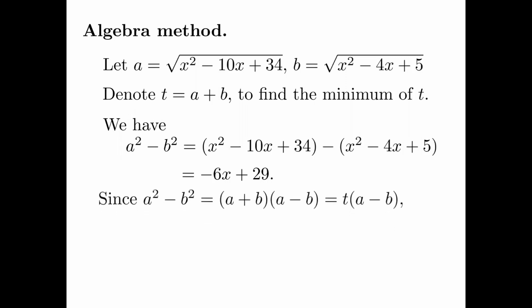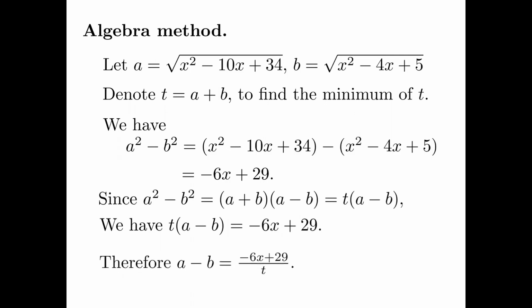Because A squared minus B squared is (A plus B) times (A minus B), and A plus B is T, we have T times (A minus B) equals -6x plus 29. Therefore, A minus B equals (-6x plus 29) divided by T. So we have A plus B equals T and A minus B equals (-6x plus 29) divided by T.